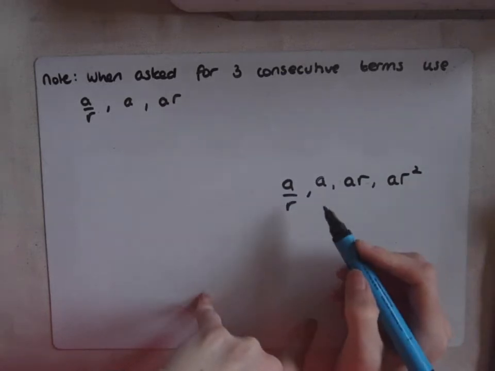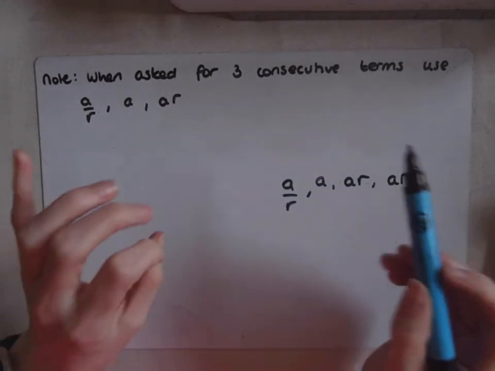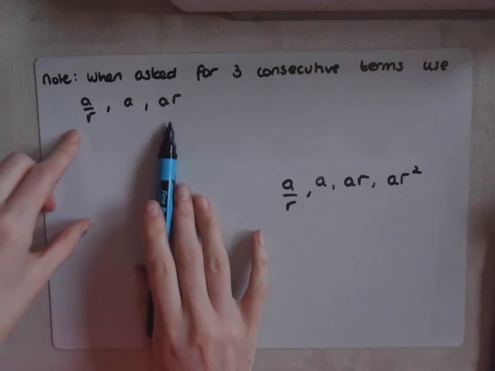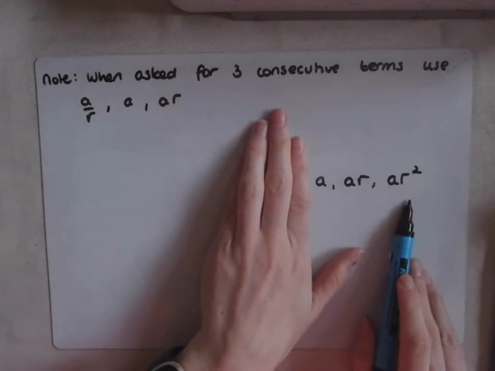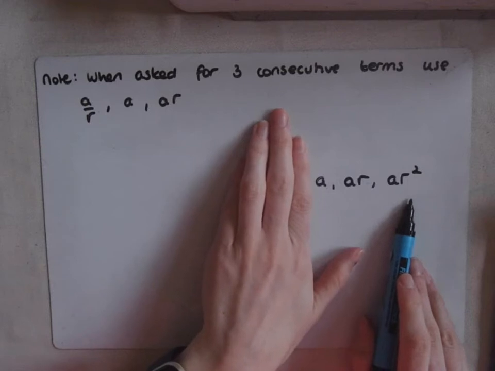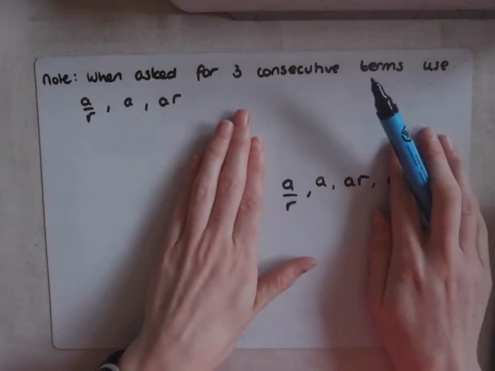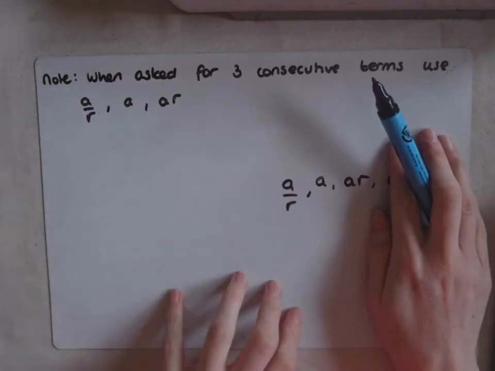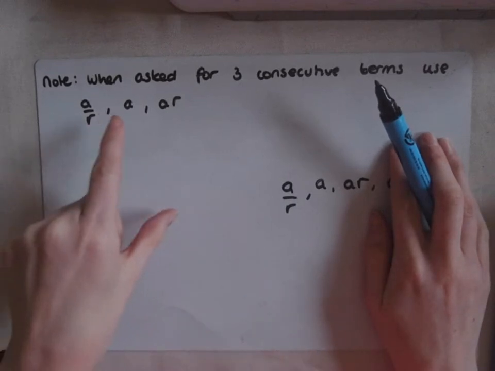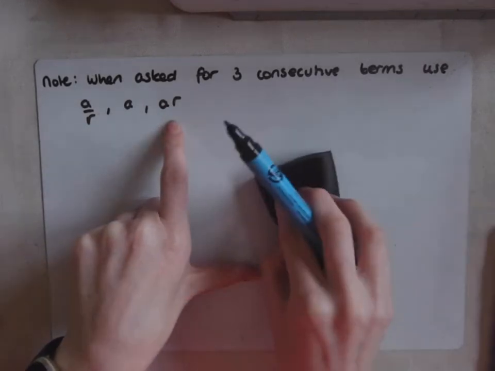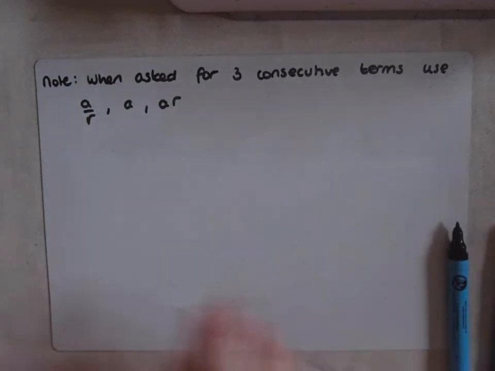So for 3 consecutive terms, just learn that these are the 3 that you use. Okay, don't use these 3 because what's going to happen is nothing's going to cancel and your life's going to be much harder. You're going to use these 3. Okay, so it's just something we're going to learn off. If they say something about 3 consecutive terms, we're going to use these 3. Okay, so I'll show you what I mean now with that.